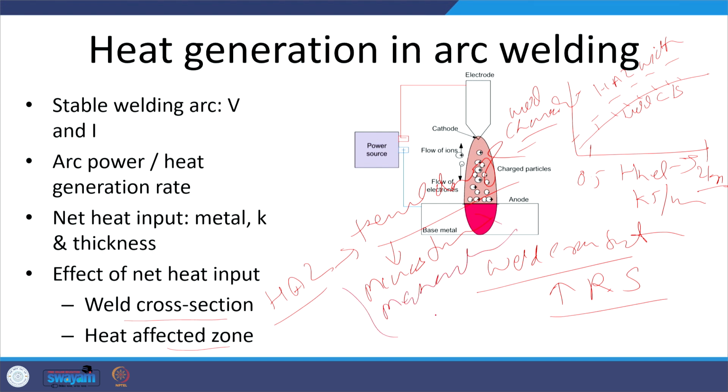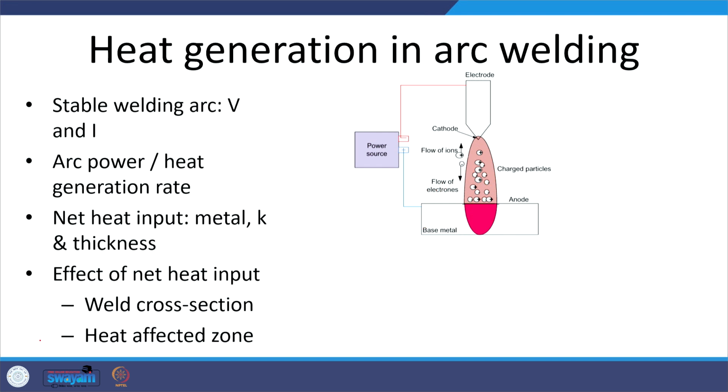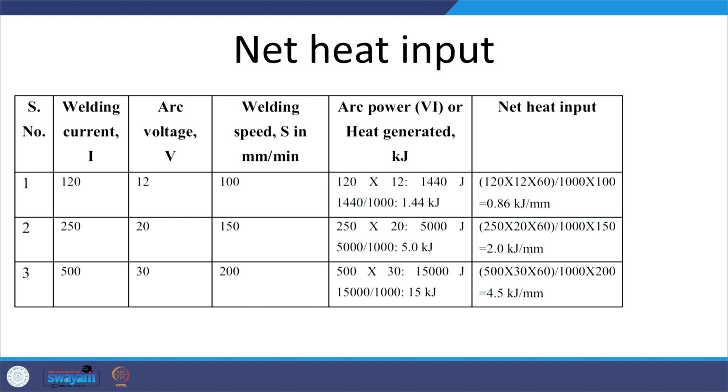So, a higher heat input is not considered to be good. That is why we have to supply the optimum amount of heat, which is good enough for producing a sound weld joint, but not so much as to cause unnecessary thermal damage of the metal.